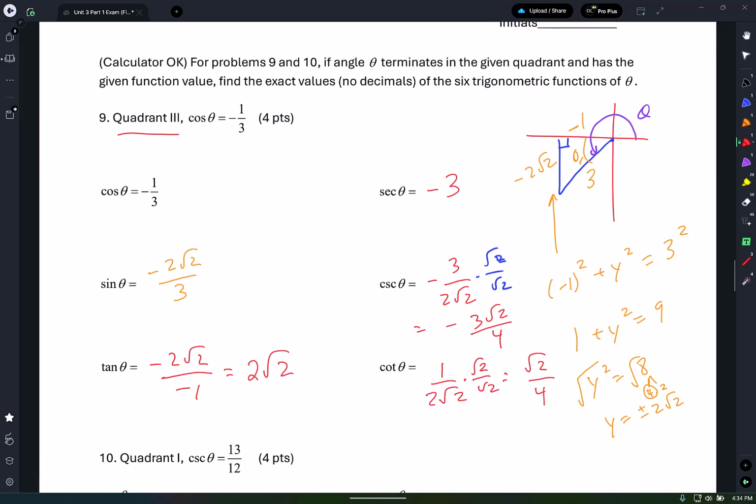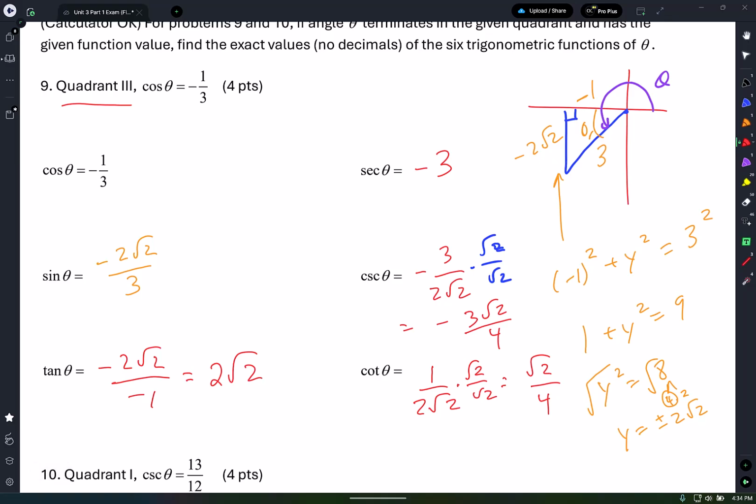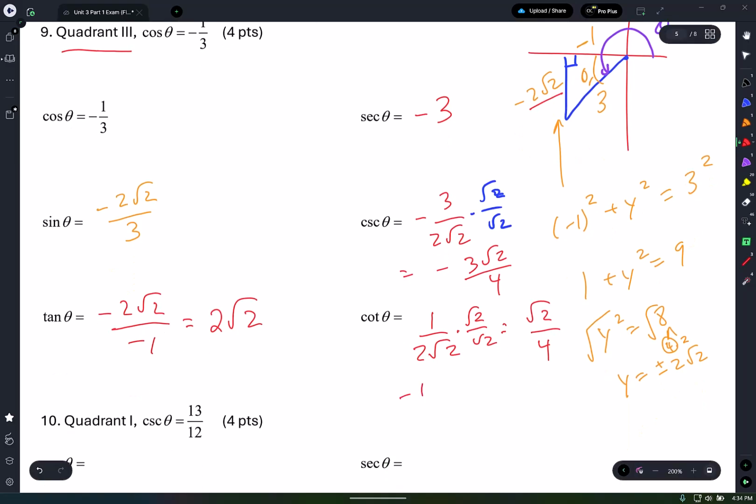Or 1 over square root of 8. Negative 1 over negative 2 square root of 2, and negative divided by negative is a positive. Does that make sense?